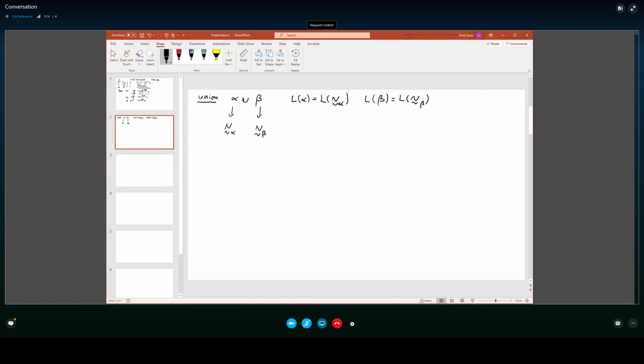Now we have to write down those 2 automata, and we will actually do that in general for all 3, because we will do the same thing for concatenation and for star. Star, of course, requires only 1 automaton. Concatenation requires 2 as well, n sub alpha and n sub beta.